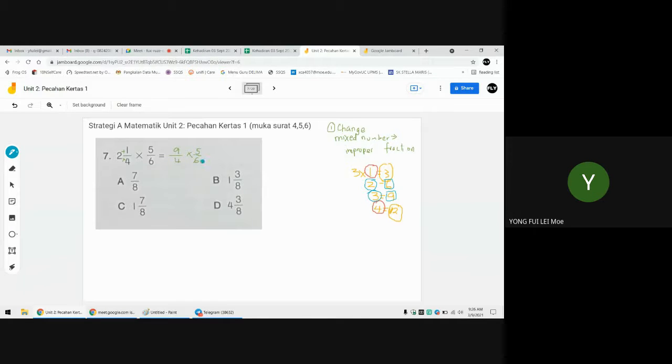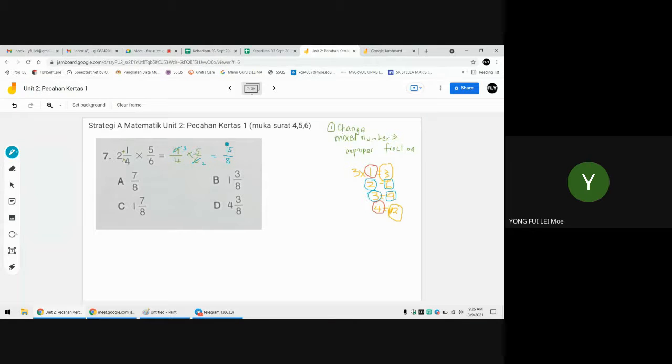That's how you do your simplification. 3 times 5, 15. 4 times 2, 8.